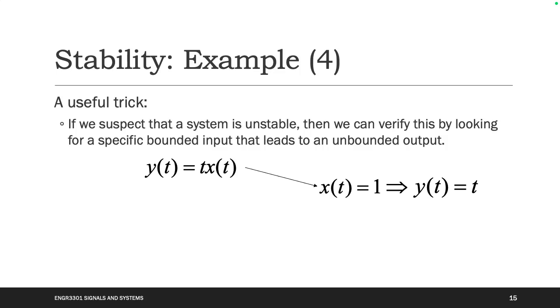So is this bounded or not bounded? What's t? Time, am I right? Time goes from negative infinity to positive infinity, which means your output is unbounded. That makes sense to you? So this system is unstable.